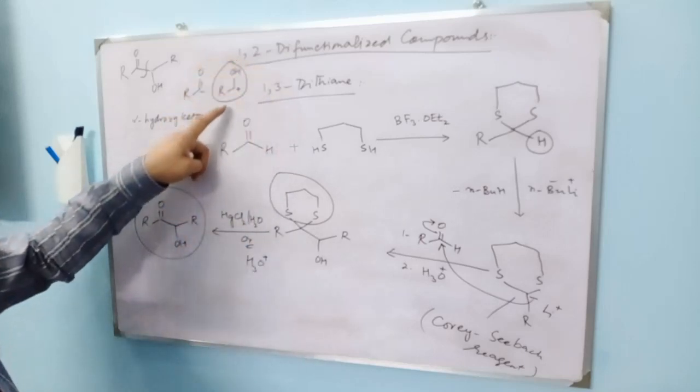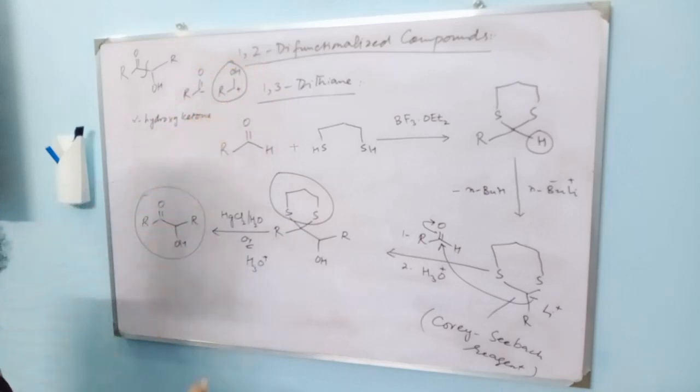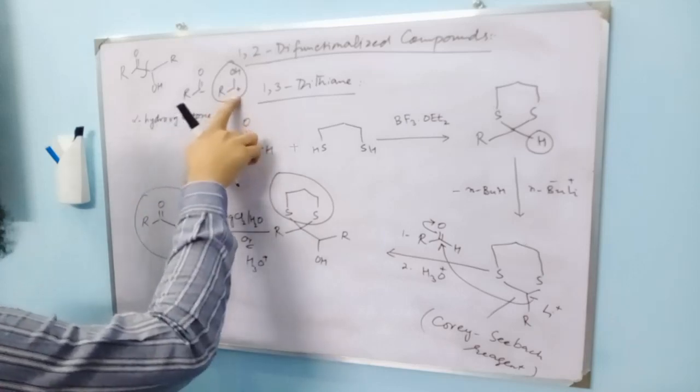And this is a standard synthon, and we know that already. We have studied the reactions of this synthon a number of times, therefore this can be used as a synthon.